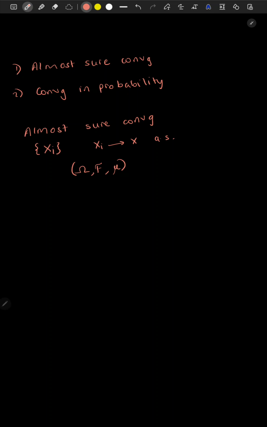So when we say this converges to this, consider the measure of the set of omega such that the limit as i tends to infinity of Xi(omega), where small omega is the standard notation for elements in this space, is not equal to X(omega). We can change the condition accordingly.